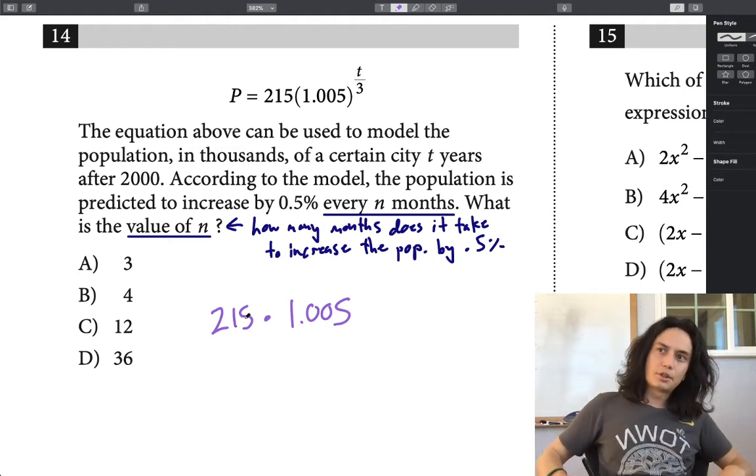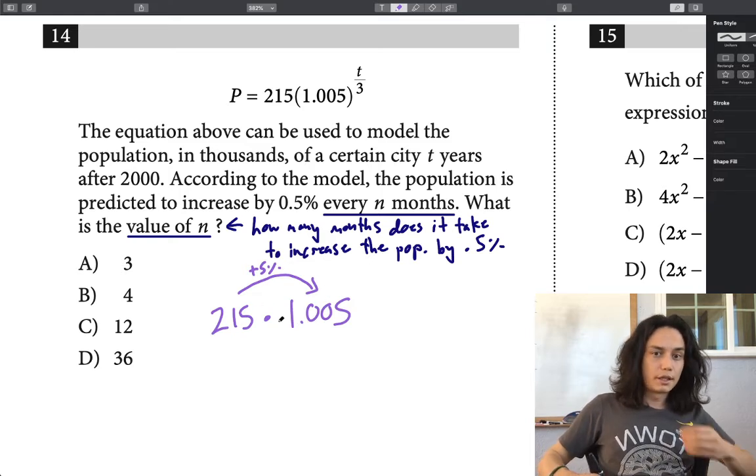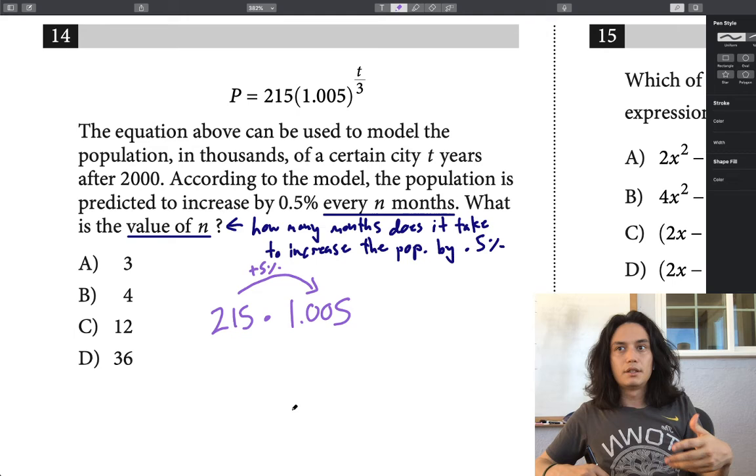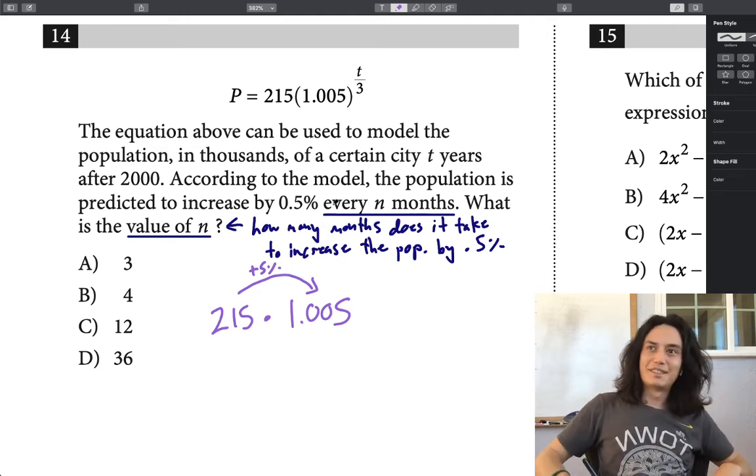This equation describes a starting point where you start with the number 215, and then you multiply it by 1.005, and that's a 0.5% increase. That's what a 0.5% increase looks like. I'm sorry, I said 5%. God, I've made this mistake so many times. 0.5%, 0.005.